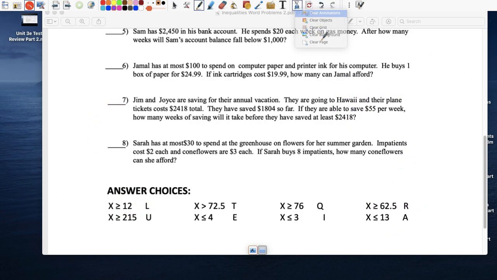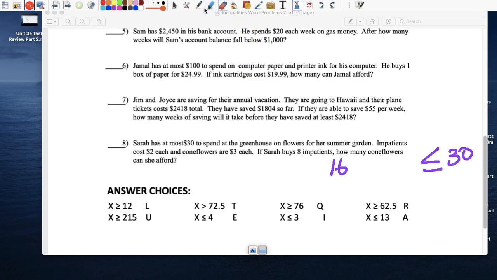Last one. Sam has at most $30 to spend, so right away you know that whatever he's buying has to be less than or equal to 30, but no more than 30. He's spending at a greenhouse on flowers. Impatiens cost $2 each, and cone flowers $3. He buys 8 impatiens. If you buy 8 impatiens at $2 each, that means you spend $16 on impatiens.